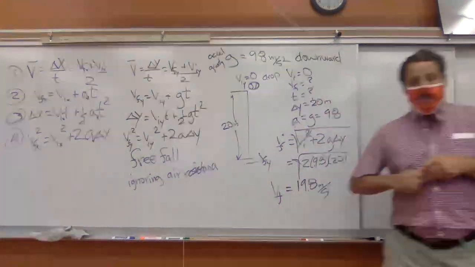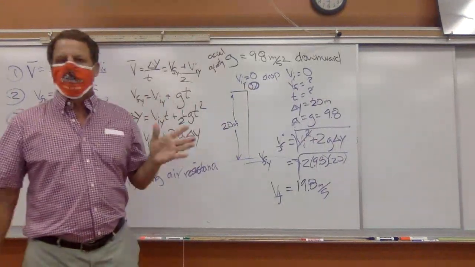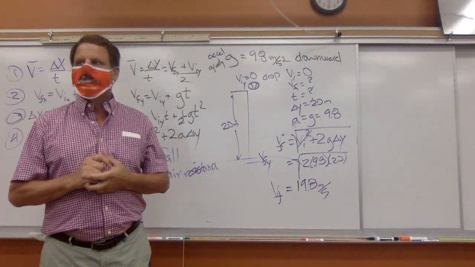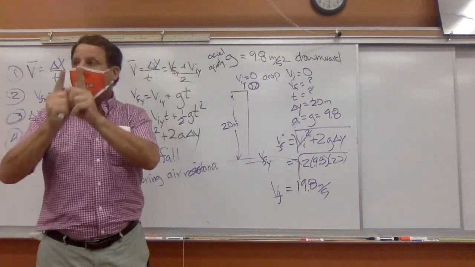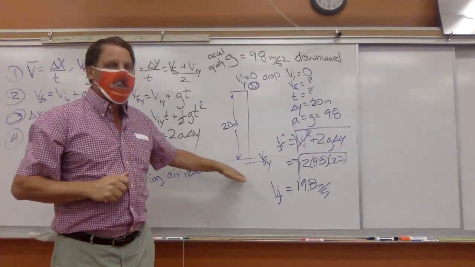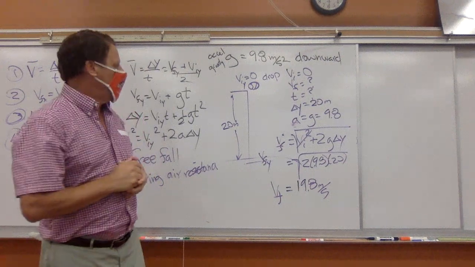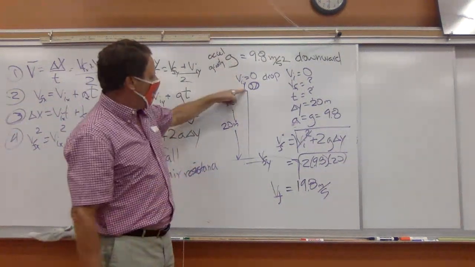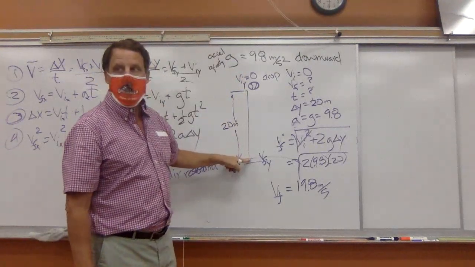All right, now, what if we said that up was positive? If we said up was positive, how does that change? How does that change the problem? Okay, well, if we started here and said that this was up, we would now say that we would go down.